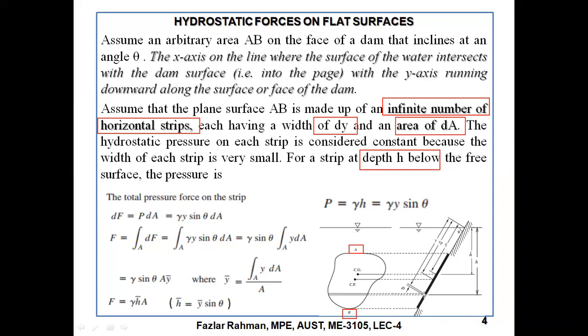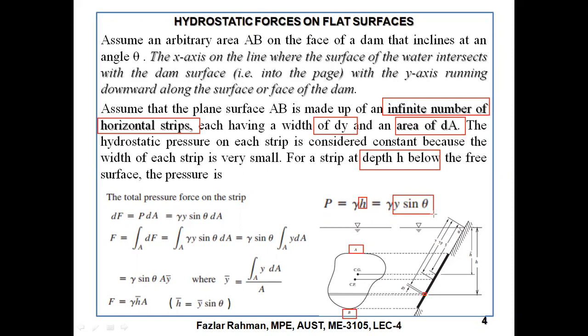So at a depth H, how much will the pressure be? P equals gamma H, or for this H we can apply the sine theta relation, because sine theta equals H by y. So we can substitute this H by this term.